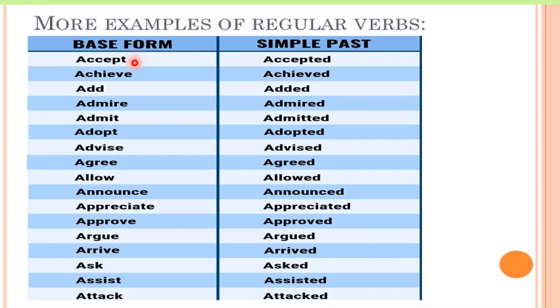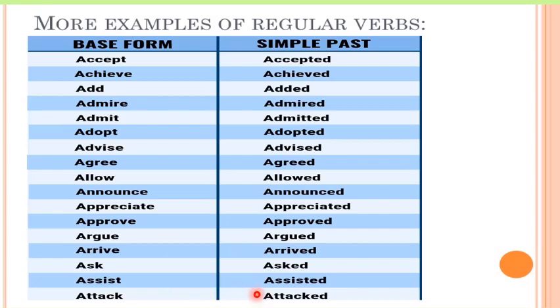Let's see the base form: accept, and the past form accepted; achieve, achieved; add, added; admire, admired; admit, admitted; adopt, adopted; advise, advised; agree, agreed; allow, allowed; announce, announced; appreciate, appreciated; approve, approved; argue, argued; arrive, arrived; ask, asked; assist, assisted; attack, attacked.